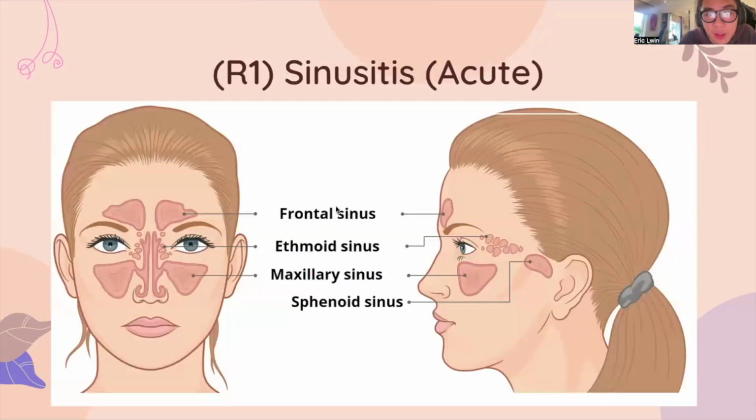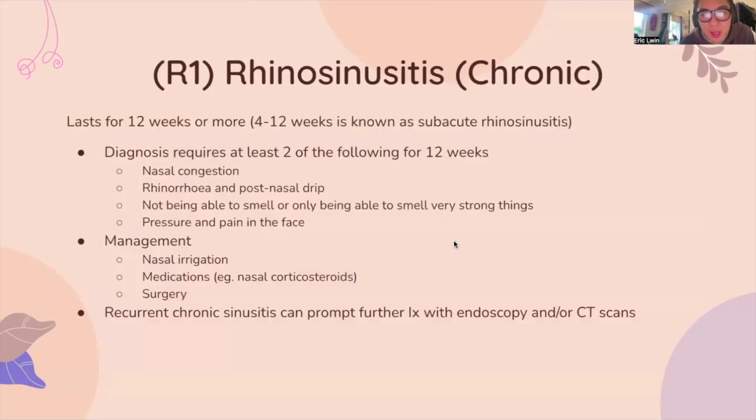And this is just anatomy of the four sinuses that we have. The most commonly affected in sinusitis being the ethmoid sinuses, but these are the other ones that can be affected. Chronic rhinosinusitis is sinusitis that lasts for more than 12 weeks, and it requires two of the following symptoms for 12 weeks: nasal congestion, rhinorrhea, and postnasal drip, not being able to smell, so impaired smell sensation, and pain and pressure in the face.